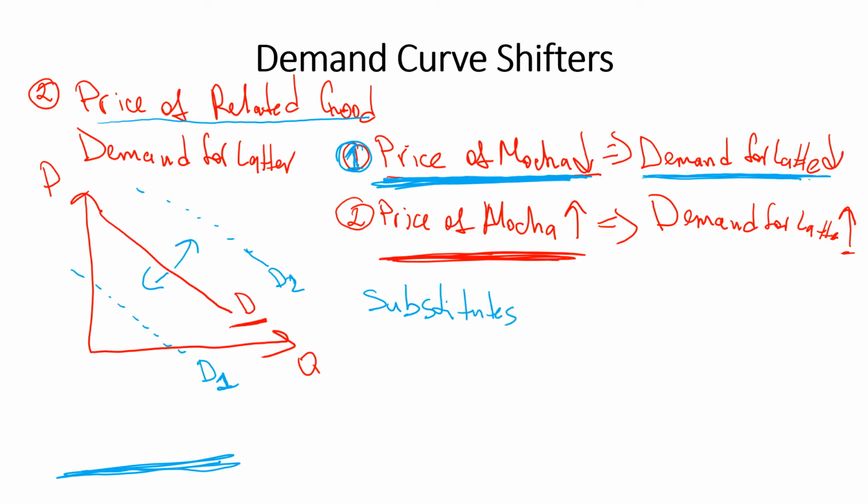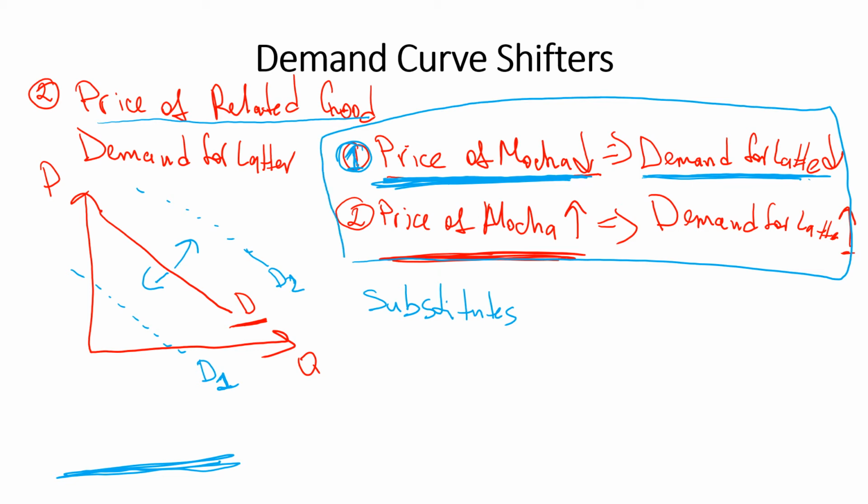So if you look at the definition in the book, it's going to be this long definition: these are the 2 goods for which, all else equal, an increase in the price of good 1 leads to an increase in demand for good 2. Pretty much this is what we're talking about over here.